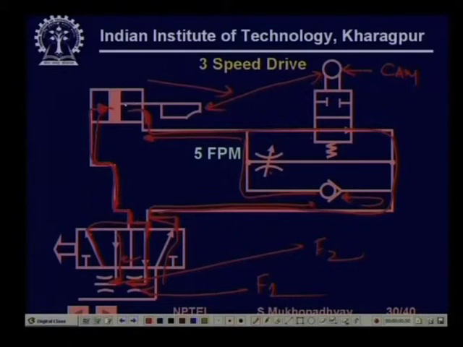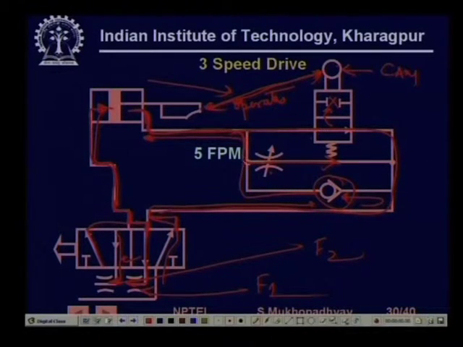After some time, when this actuator moves out, this is going to operate the cam. So, this will operate the cam and then the cam will shift. So, therefore, this valve will shift and go to this position and then will get locked. At that point of time, the flow will pass through this, because this is closed and this is also closed, this is a check valve.